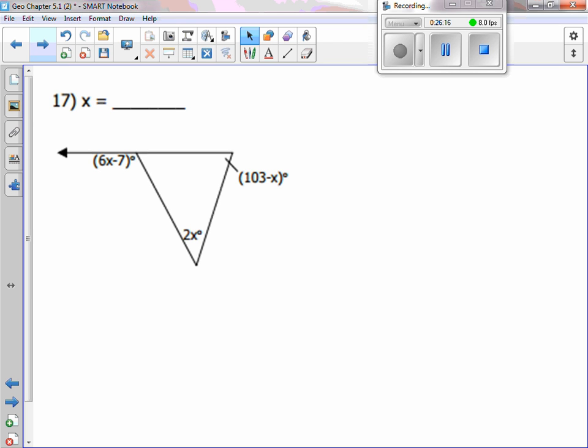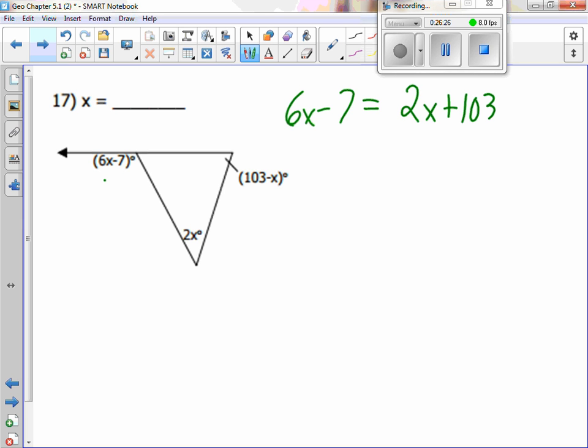We know the exterior angle is equal to the sum of the opposite two interior angles. So it'd be 2x plus 103 minus x. Yes? The exterior angle is equal to the sum of the opposite two interior angles, or the sum of the non-adjacent angles.